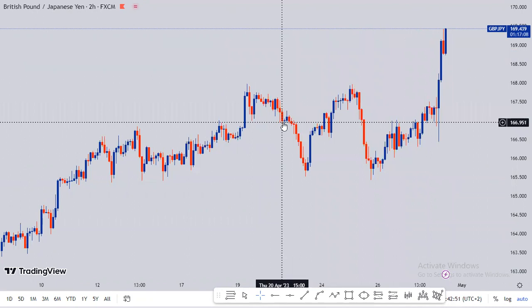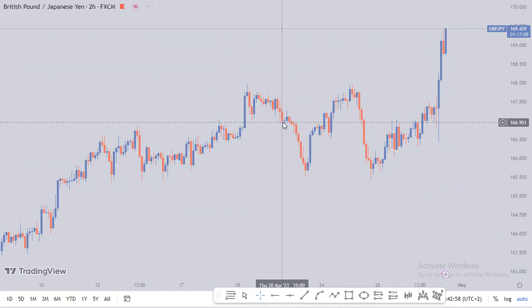Where do we start? We start on the weekly time frame. When you're going to analyze your pairs, all of the pairs, I do this every day. It doesn't matter if I'm going to day trade or swing trade. Each and every time I start analyzing, I reanalyze everything starting from the weekly time frame.